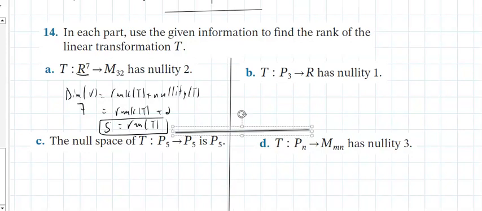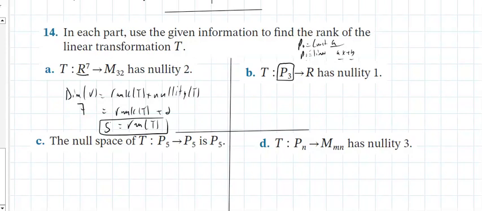And how about here? We're going with P3. Remember, P sub 0 is a constant, like a. P sub 1 is linear, that is ax plus b. So P sub 0 has 1, P sub 1 has 2, P sub 2 has 3.